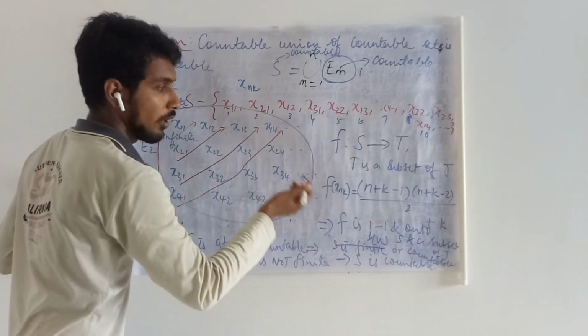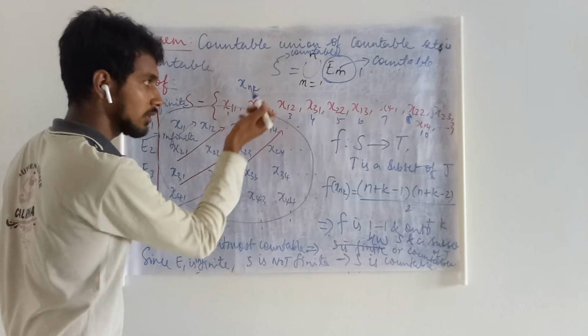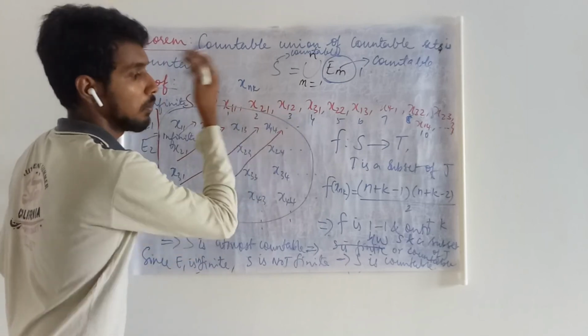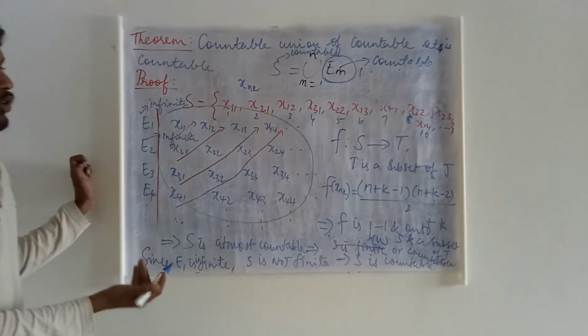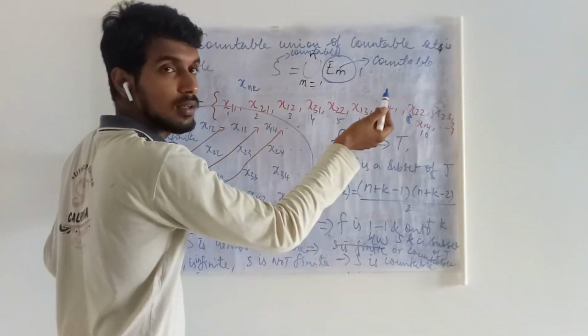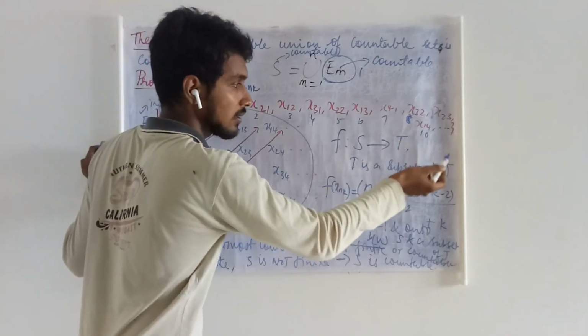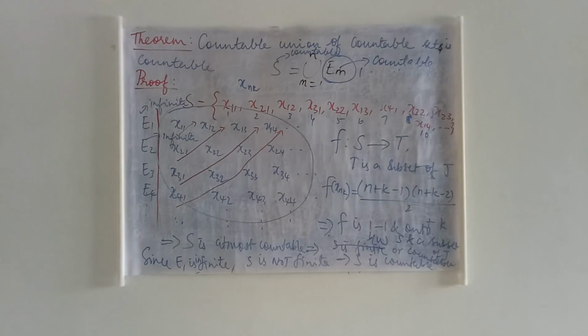And once you are able to associate x11 with 1, x21 with 2, x12 with 3, by the definition itself you can easily see that this mapping is 1 1 and onto between S and T. Okay, the reason for choosing this T, that is a subset of J here, is we omit the repetitions.